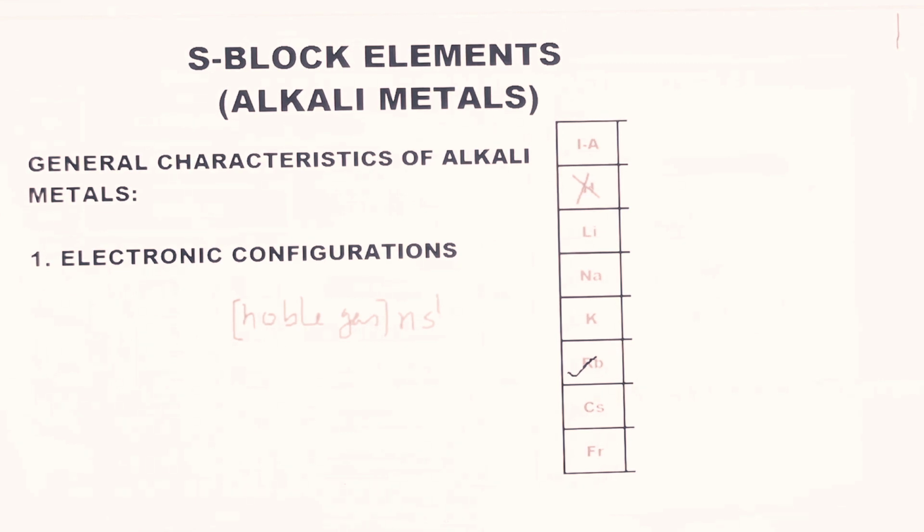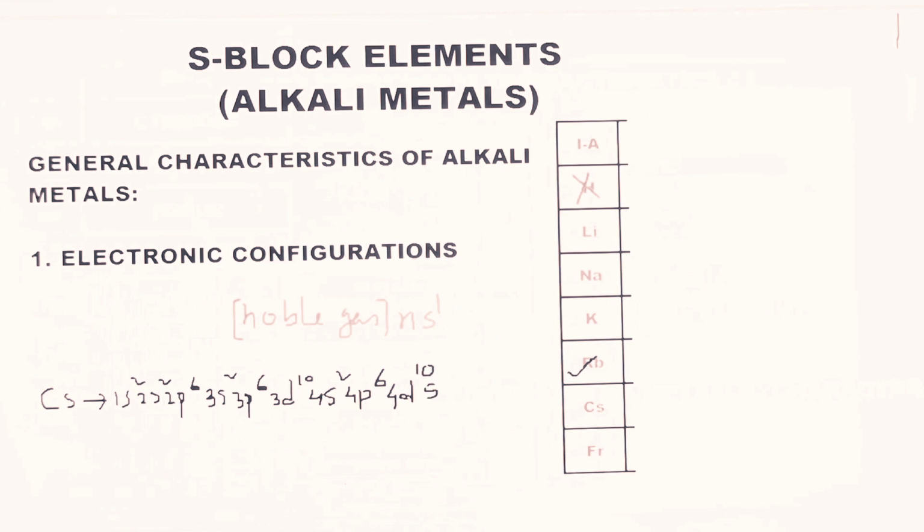So cesium: 1s2 2s2 2p6 3s2 3p6 3d10 4s2 4p6, next 4d10 5s2 5p6 6s1.